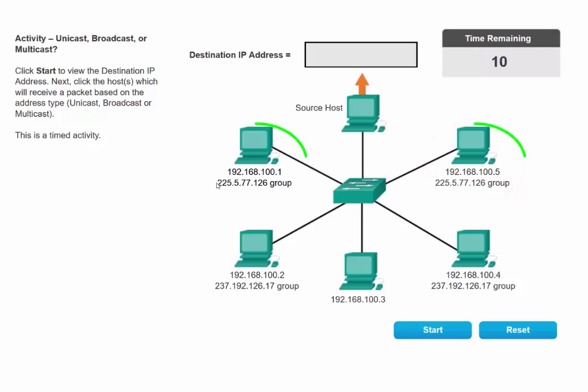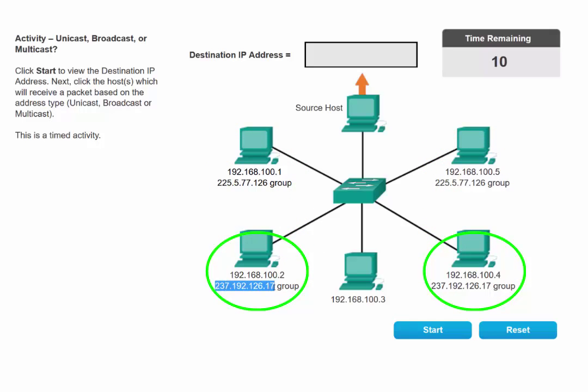We also notice that there is a multicast group that has this host and this host, because they have the same multicast address. And this host and this host belong to the same multicast group, which is 237.192.126.17.